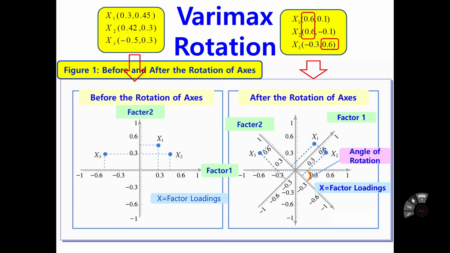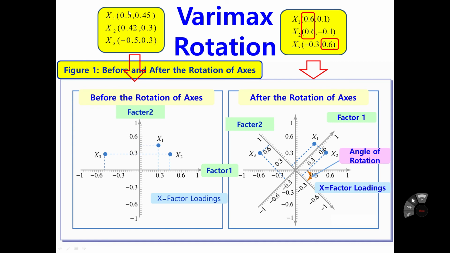Why rotation? Because in the before stage, the factors and the coordinates are not very clear to identify whether the first variable belongs to the first factor or second factor, because its factor loading is very mediocre.